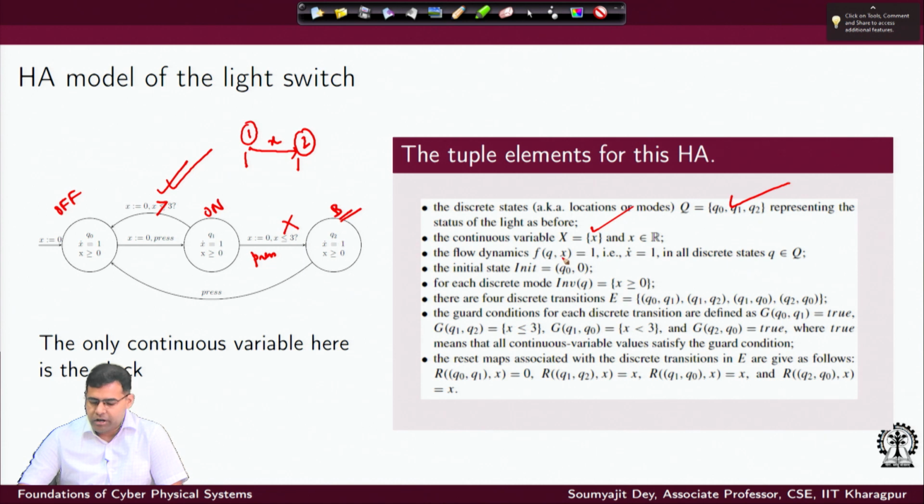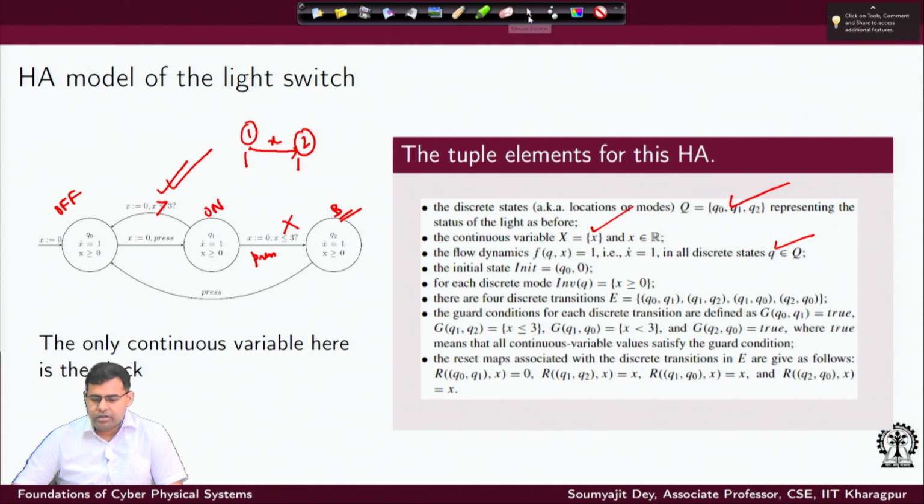You have this flow dynamics, which is the same for all the discrete states, like I said. So, Q is given by Q0, Q1, Q2, and everywhere the flow is only 1, right. So, that is your flow dynamics. Your initial state is, you are always starting from Q0 here, and when you are starting you are starting with the continuous variable's value being set to 0.